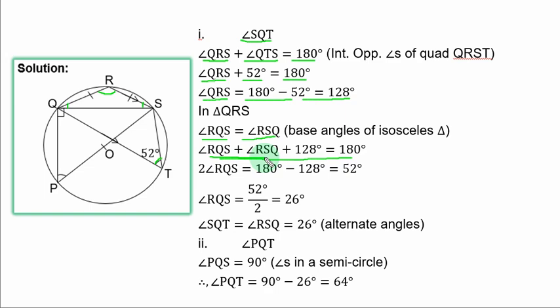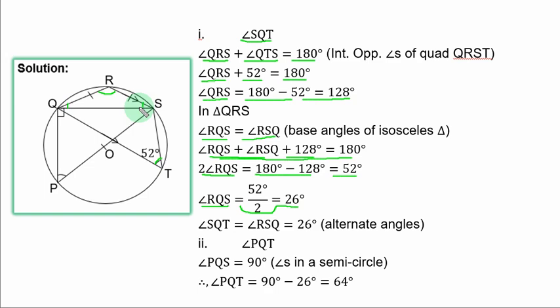When you add both, you have two angles RQS. You transfer the 128 degrees to the right hand side and you have 180 degrees minus 128 degrees equal to 52 degrees. Divide both sides by 2, you have RQS equal to 52 degrees divided by 2, and that is 26 degrees. So this angle is 26 and this angle is also 26.